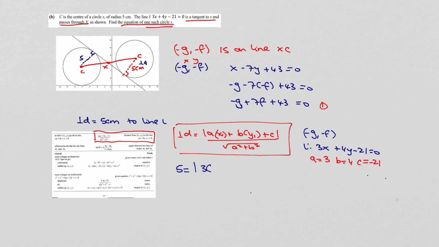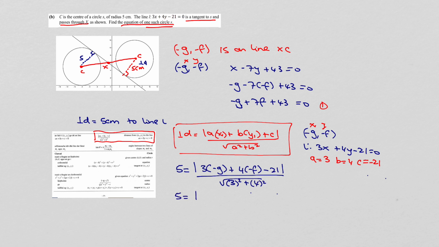So subbing in there, we have x1, y1 is going to be our (-g, -f). So that's 3 times -g plus 4 times -f - 21 all over the square root of 3 squared plus 4 squared.